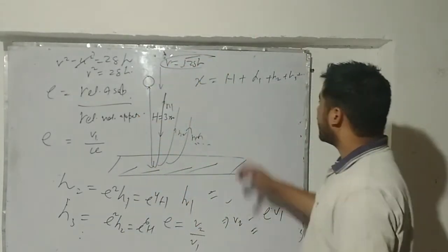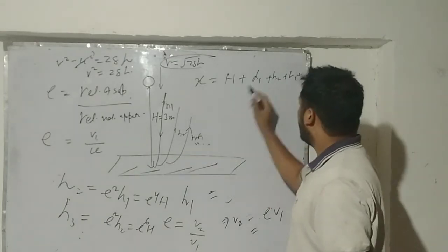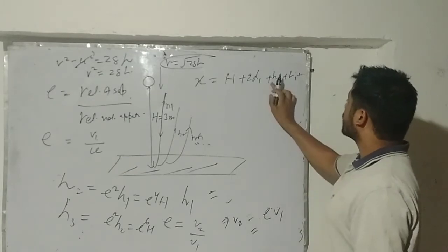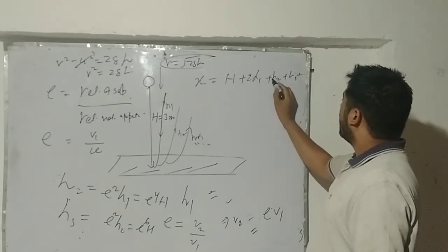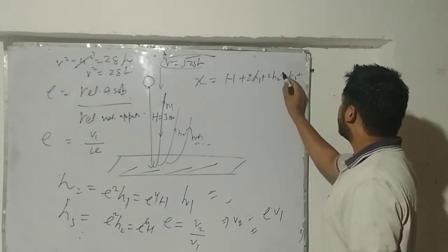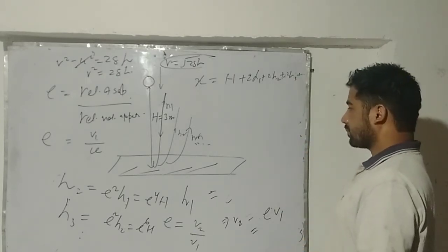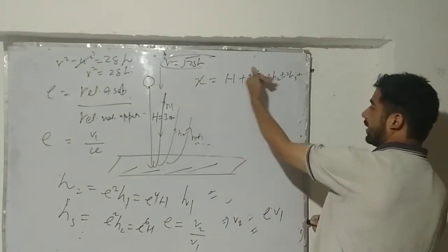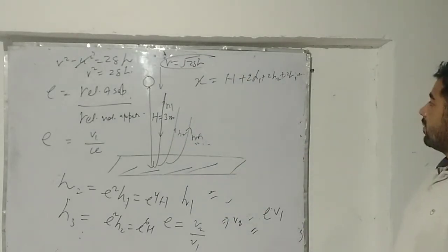Means that it will cover a distance of 2 times h1 in the first collision, also 2 times h2 in the second collision, and 2 times h3 in the third collision, okay. So it will follow this kind of trend.